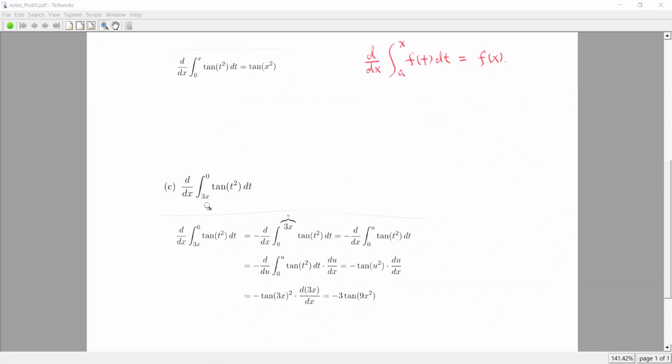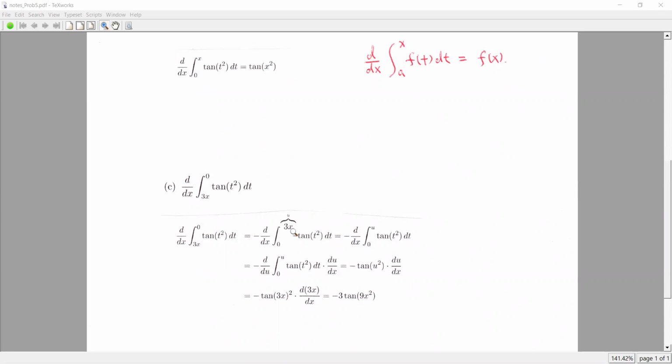To make the lower limit a constant, I switch the lower limit and the upper limit. Remember, when we switch lower limit and upper limit, don't forget to add a minus sign. Now, the lower limit is a constant, but the upper limit is 3x, not just x.